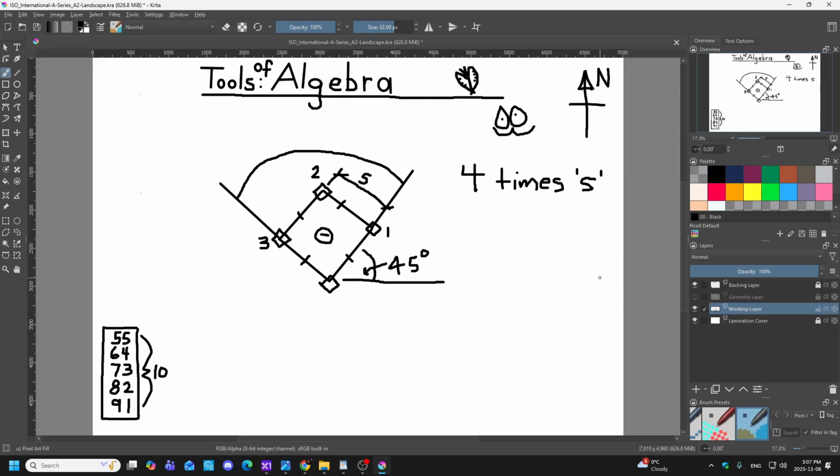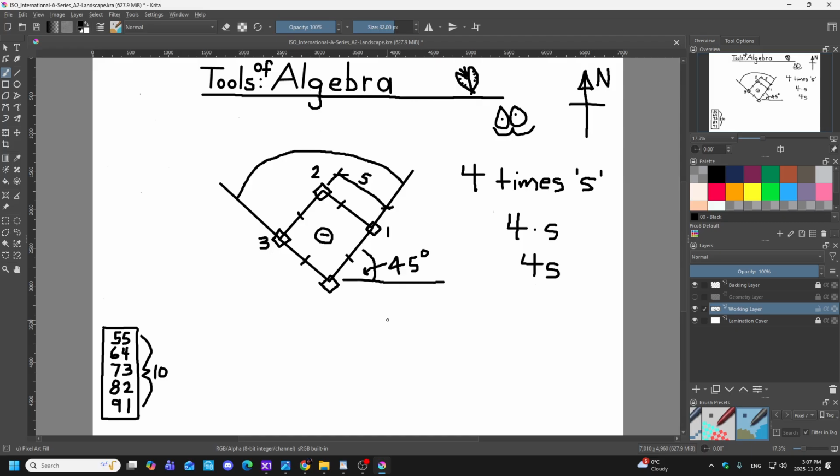That is our variable. Or we could write 4 times S or 4S. Again, if you have a variable beside a whole number, it is inferred multiplication. Always. Okay?